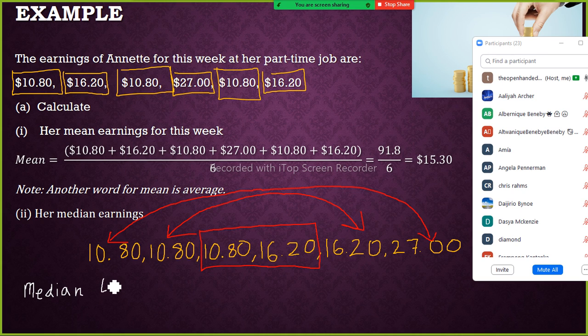So median earnings is 1080 plus 1620, all over 2.